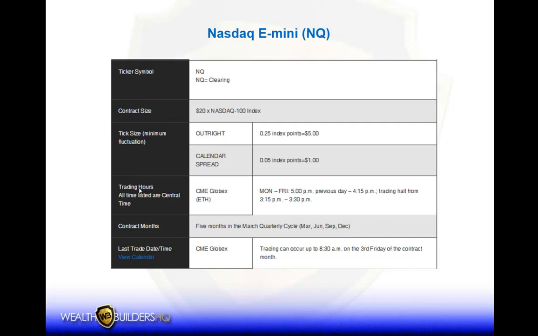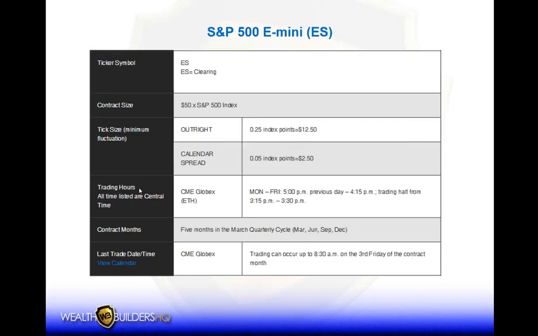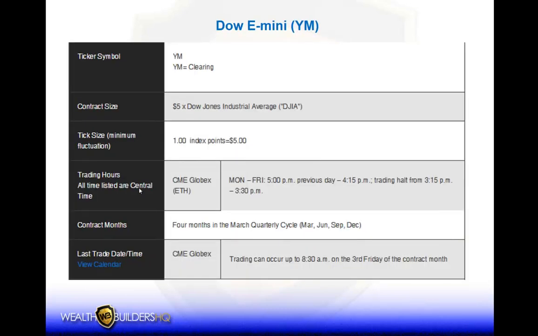The really cool thing is you can go back, you can screen capture these pages that I have made up for you here. You could screen capture these pages and you can read them again and again and again. Now you will catch something here. On the Dow, it is correct. It says 4 months.